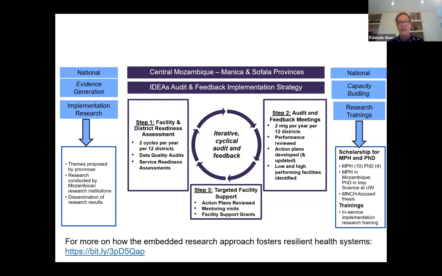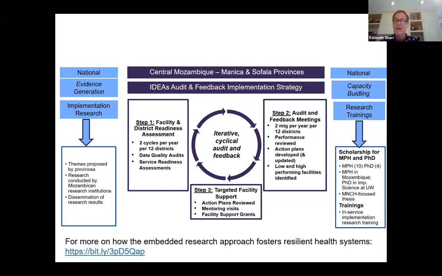And on the right-hand side, you can see that there's a capacity building effort as well. And we have been really fortunate to be able to support Ministry of Health leadership to pursue further training in public health or implementation science.